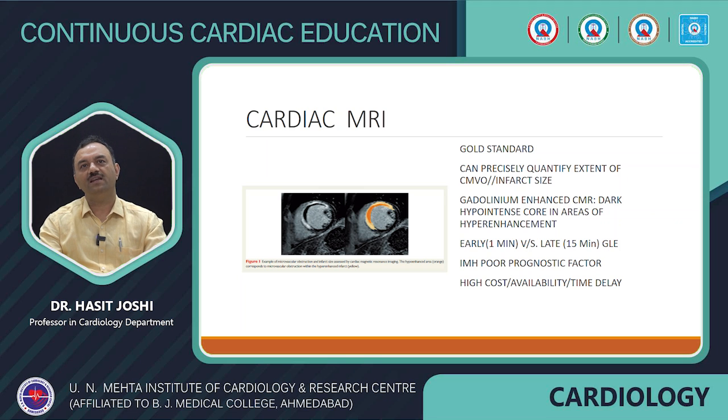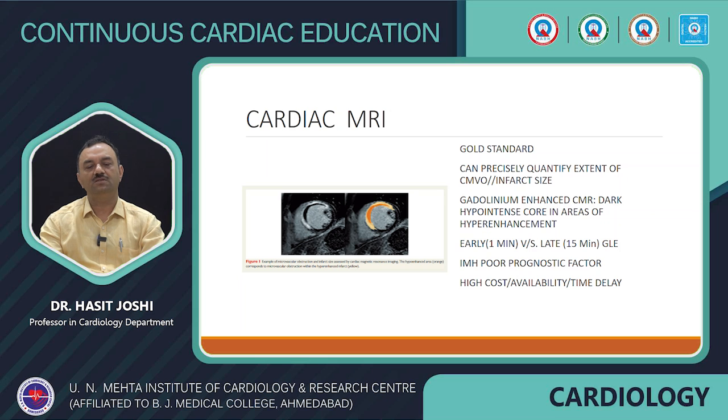Now with gadolinium enhanced CMR, dark hypointense core as seen here, and areas of hyper enhancement, that is suggestive of microvascular obstruction, and that can be early or late, and there can be intramyocardial hematoma, which is a poor prognostic factor and suggests that irreversible damage has been done.